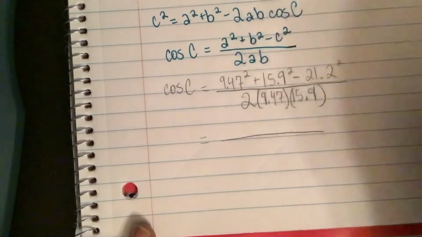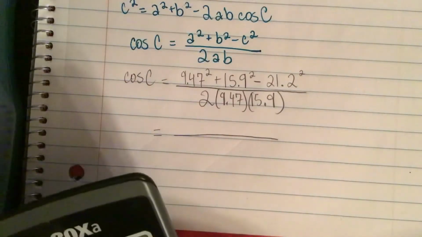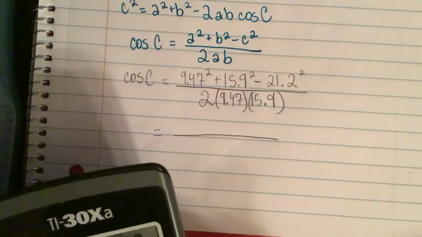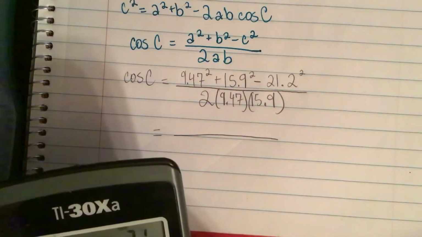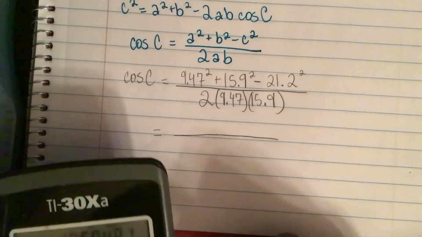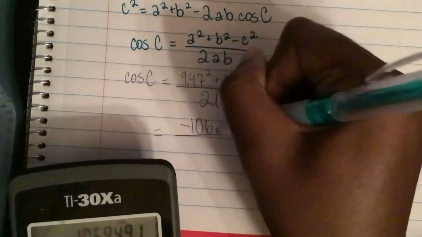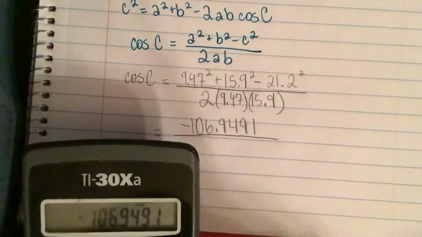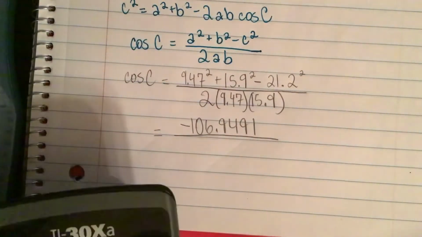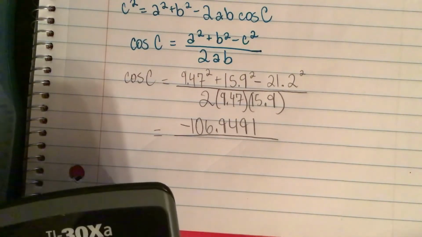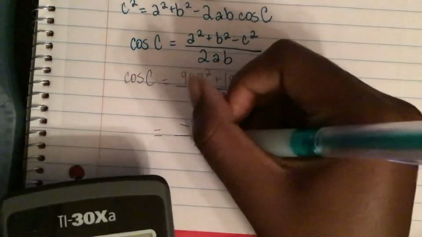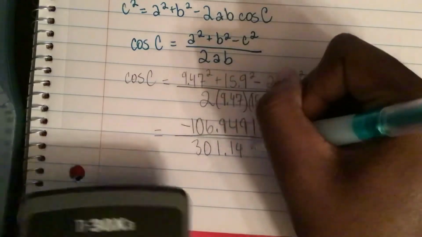Okay, so first we're going to solve the top using a calculator: 9.47 squared plus 15.9 squared minus 21.2 squared. That gives us negative 106.9491. Now we're going to solve the denominator. That gives us 301.146.